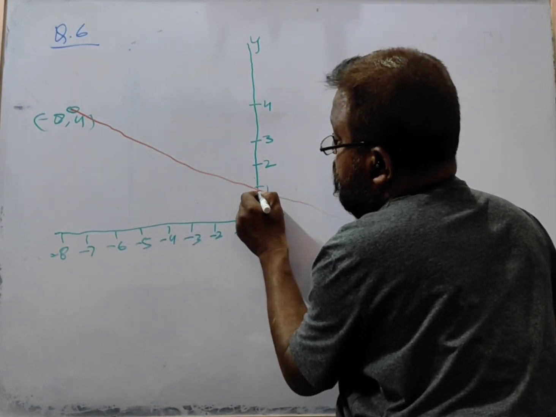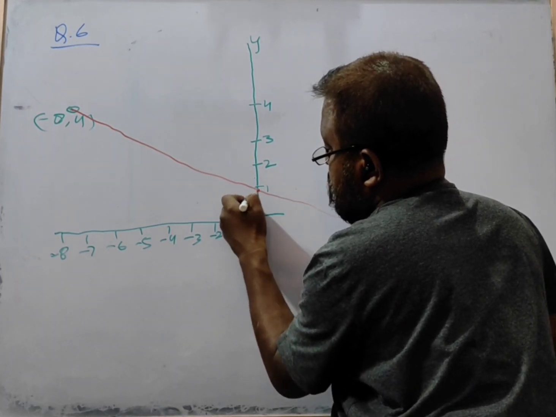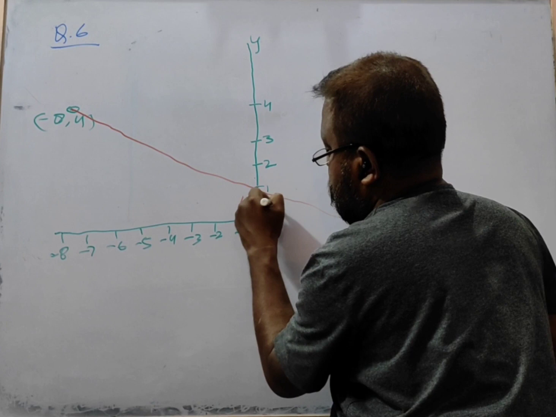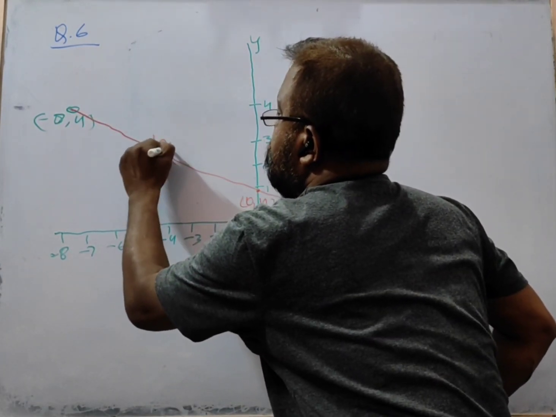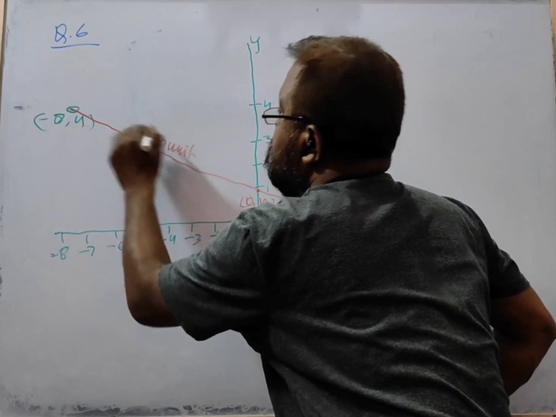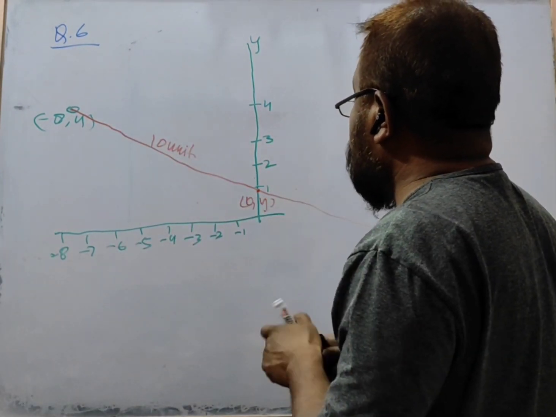So this is the point of intersection, which is 0 comma y, and the distance is 10 units. So we have to find y.